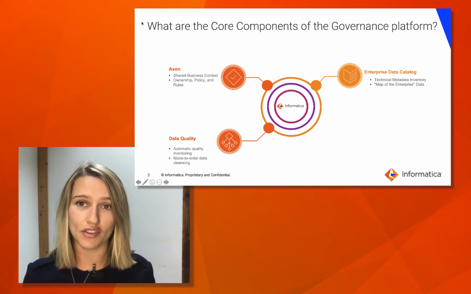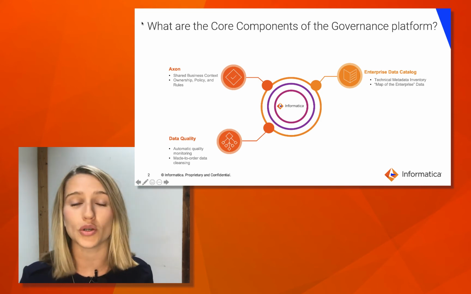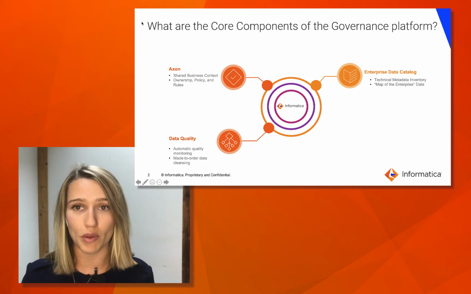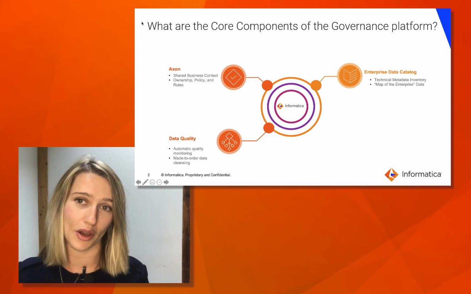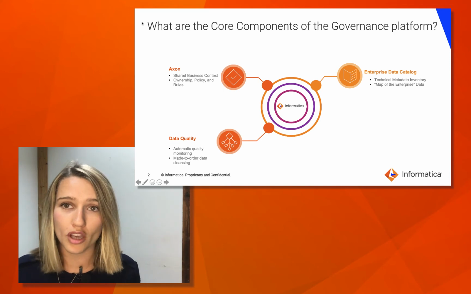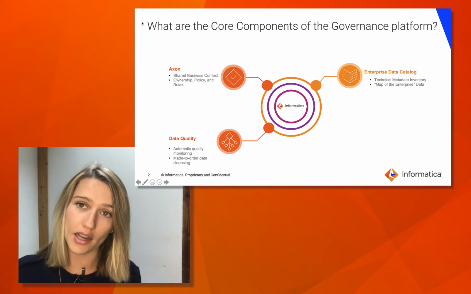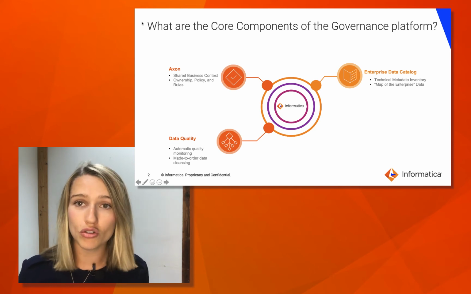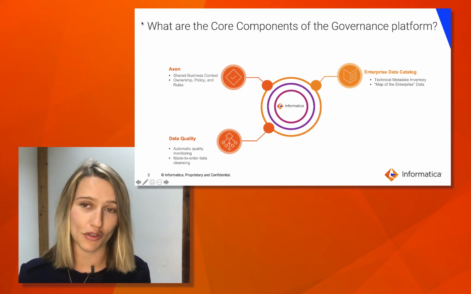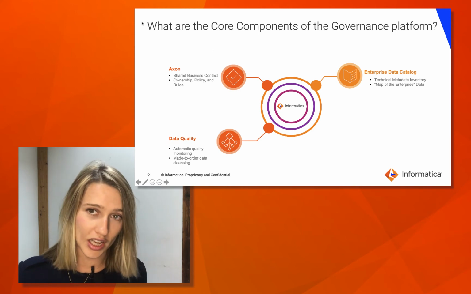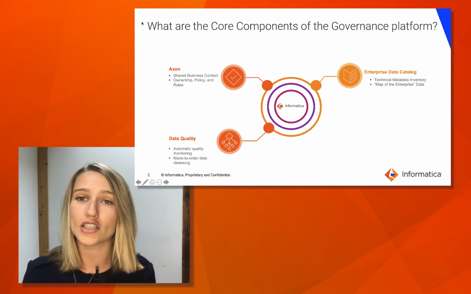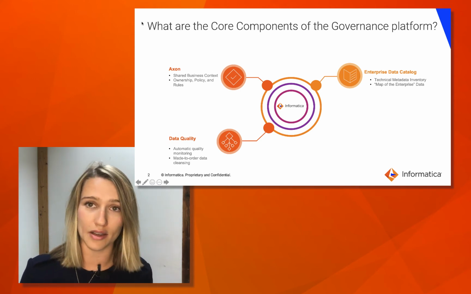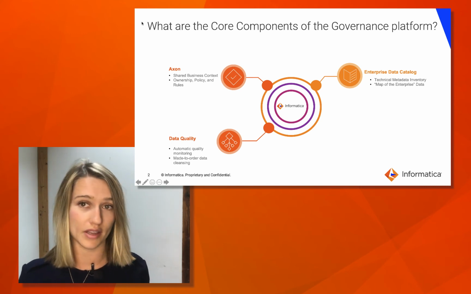Now, if we have these three in conjunction, we can start doing some great things in terms of automation, which we'll talk about in another video. But if we're just thinking about what's coming in from data quality to Axon, for instance, well, what we're doing is passing the results of local data quality rules that data quality is executing against your systems back into Axon so we can slice and dice them in any way the business might want to see them.